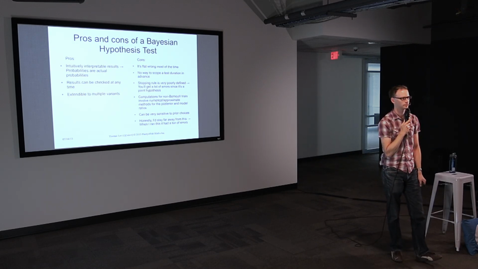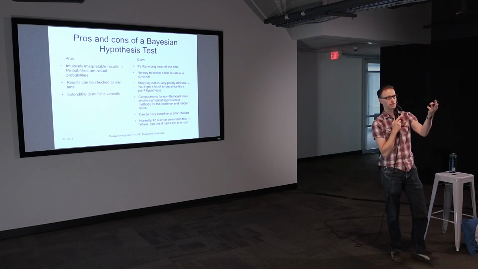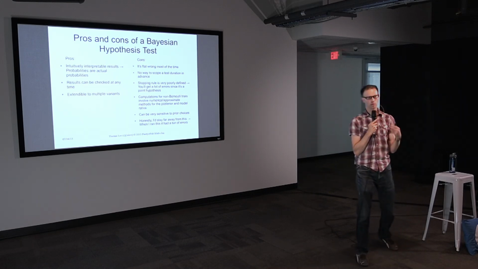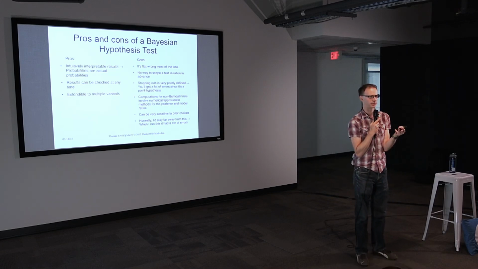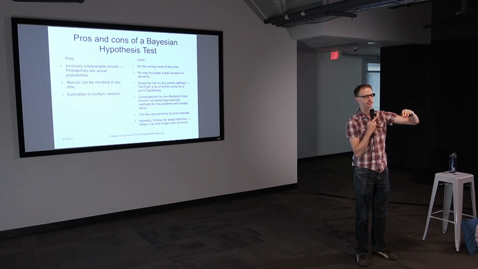All right. Okay, cool. So what does it mean on the pro side? Results can be checked at any time, but at the same time, there is no way to scope a test duration in advance. That's a really good question. Remember when we did the null hypothesis test? That one you could scope: here's my necessary sample size.